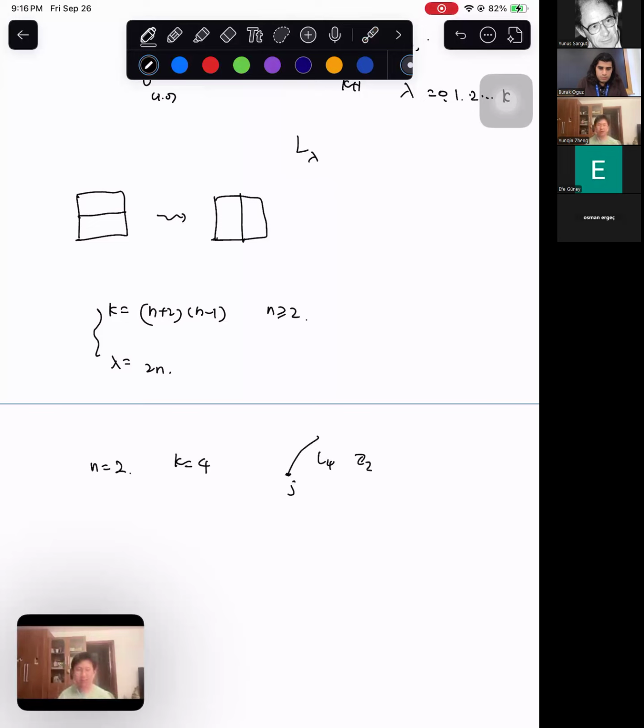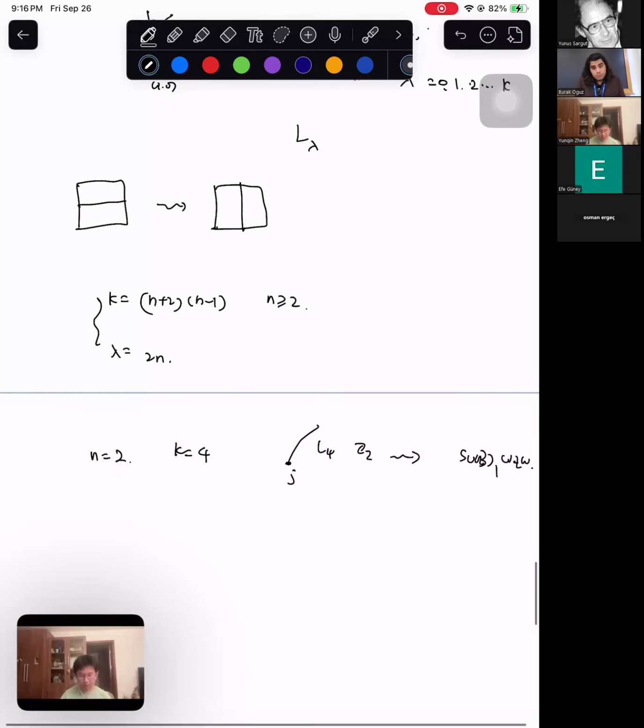So it's a Z2 line attached to the current J. And it turns out that this Z2 is gaugeable. After gauging, you will get the SU(3) level 1 Wess-Zumino-Witten model. So in this case, this non-invertible symmetry constructed from this non-local current belongs to this gauging construction.